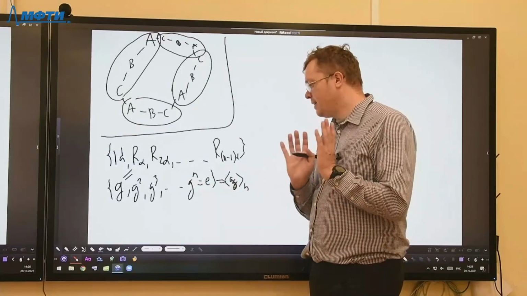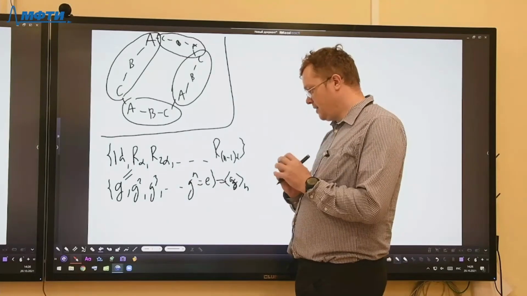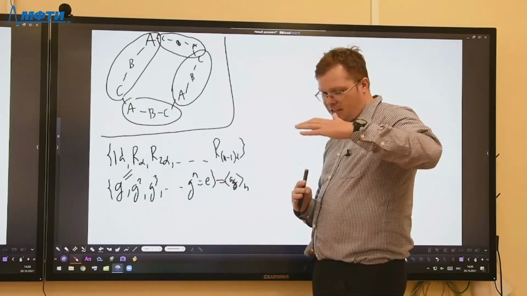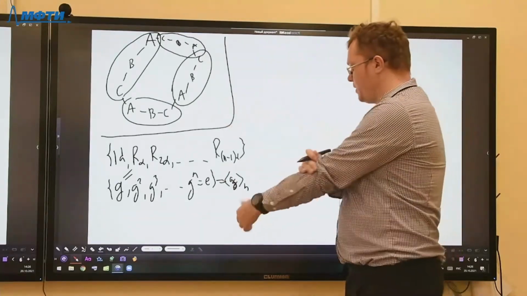Okay, so the main idea of calculating the number of necklaces by using group theory is just written.